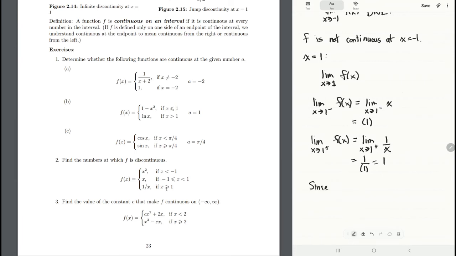And since the left-hand limit is equal to the right-hand limit, the two-sided limit as x approaches 1 of f of x is equal to 1. This tells us that the two-sided limit exists.